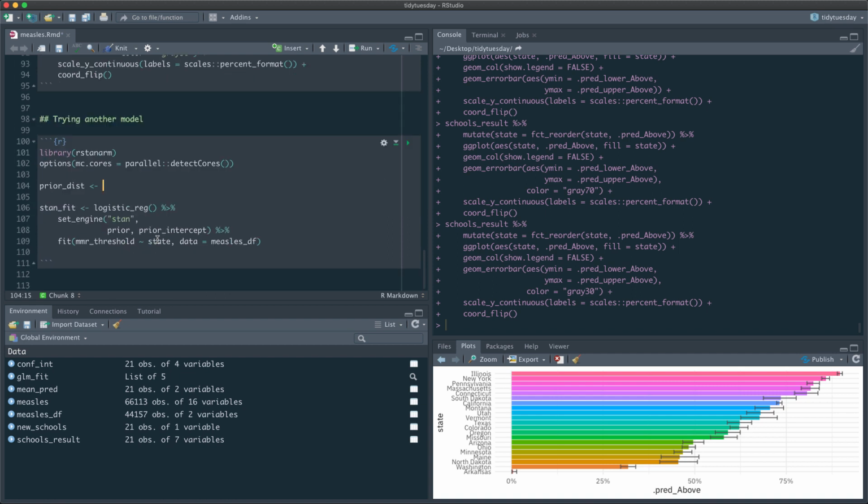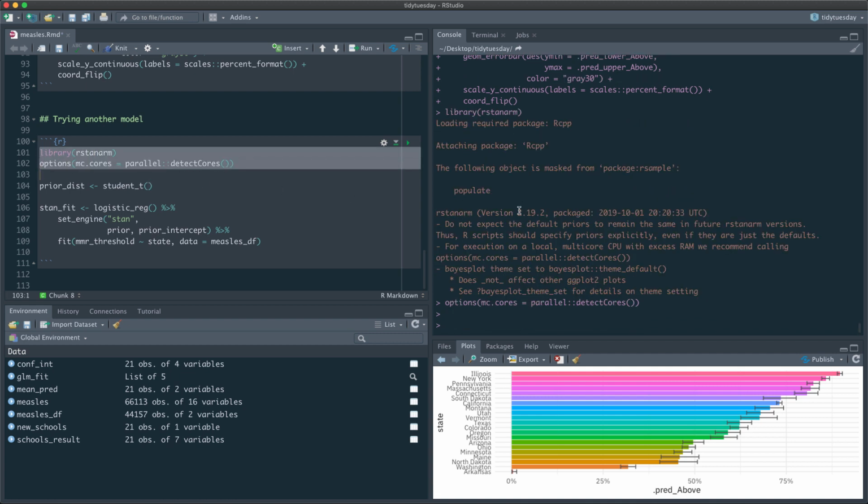And we can do like a normal here. We should talk to a Bayesian expert to say what we should put here as our prior. I do not claim to be a Bayesian expert, so I'm going to put the student t function here, which is from the rstanarm package.